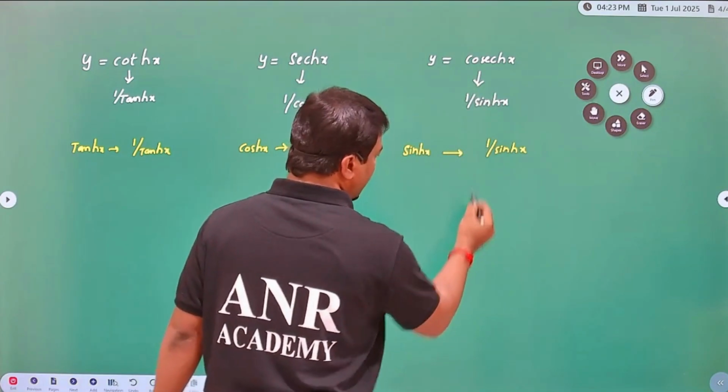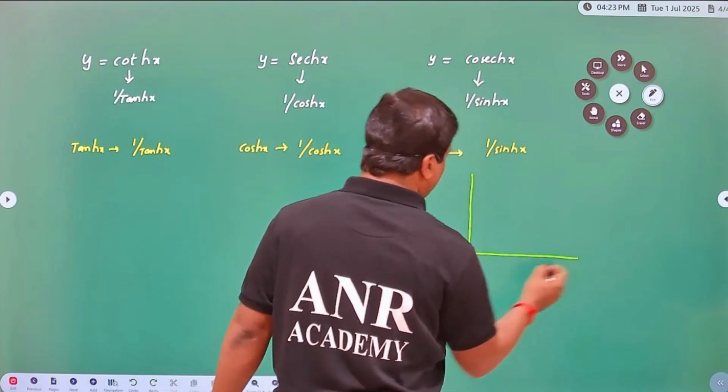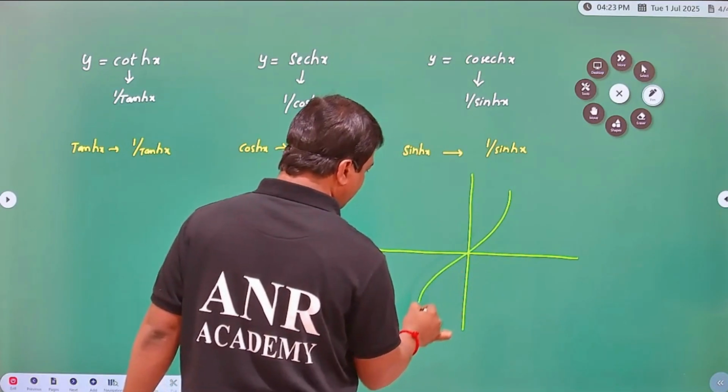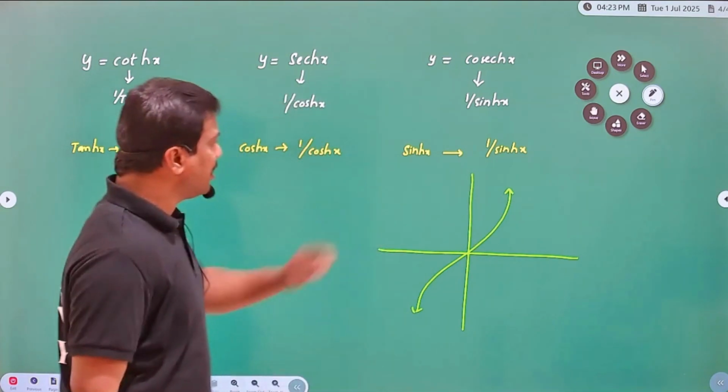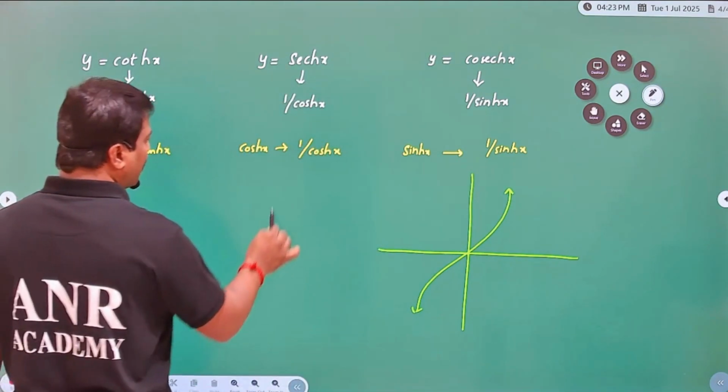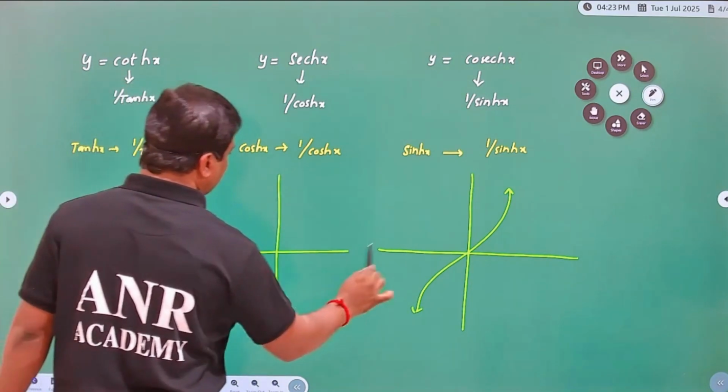See here, on the Cartesian coordinate system, we know the graph of sin hx. With the help of this graph, now you have to draw the graph of their reciprocal.